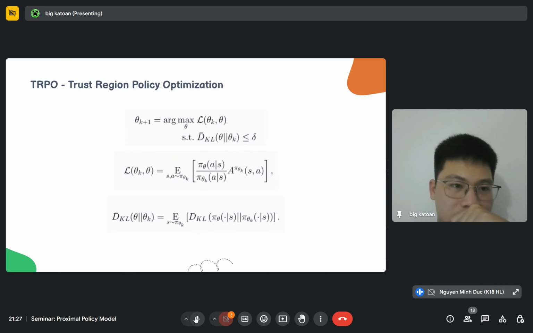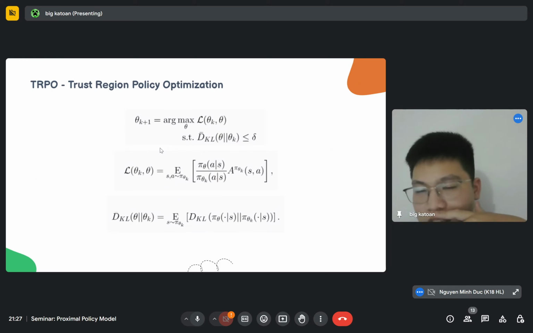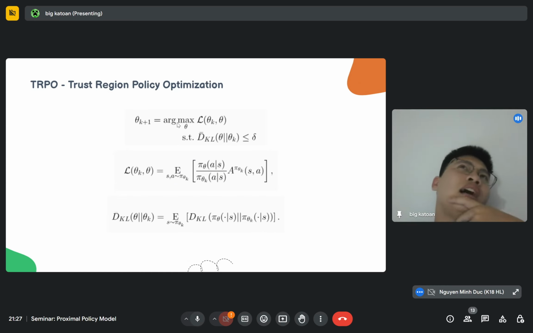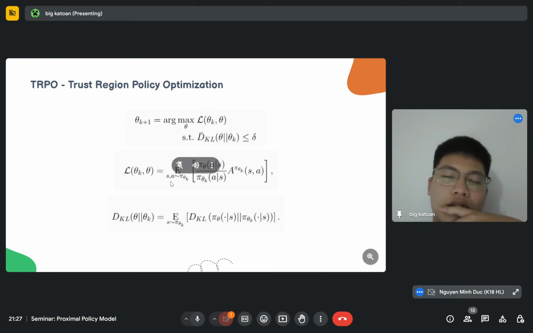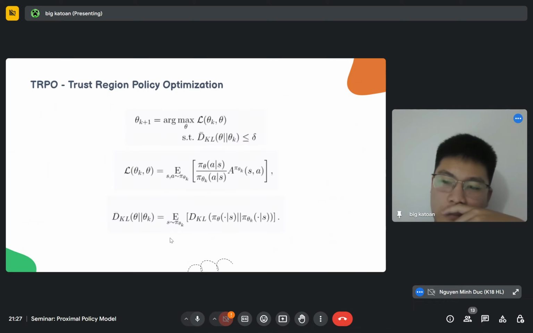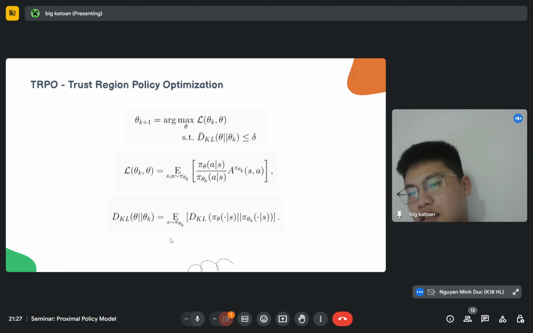Okay, so it's like a cross entropy loss. It's a little bit different. It's more like a log likelihood loss.